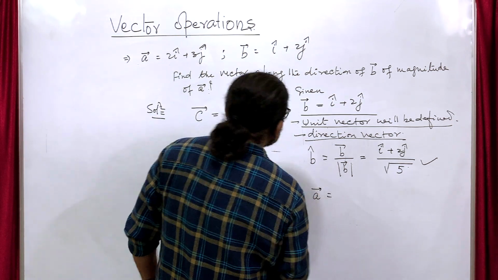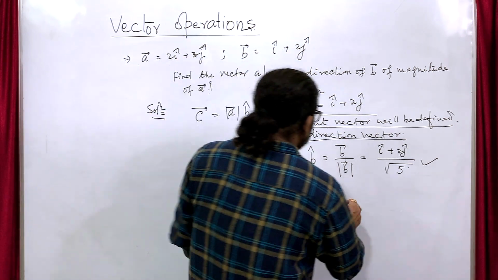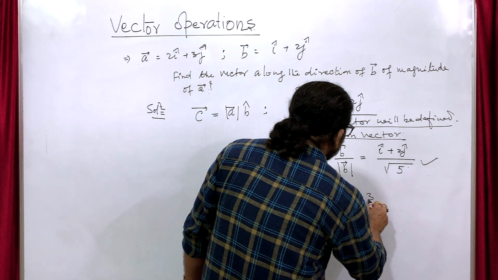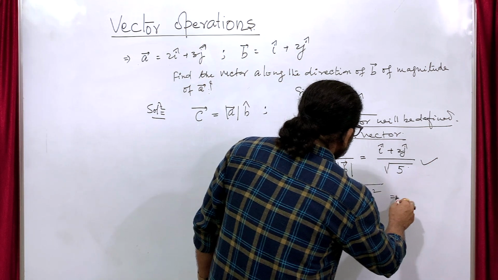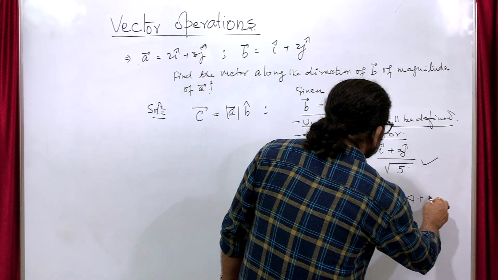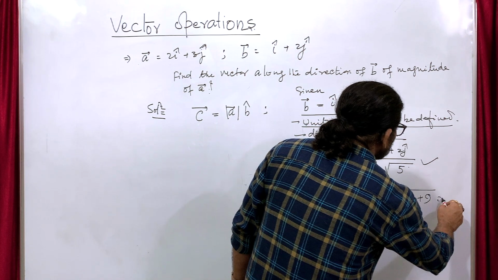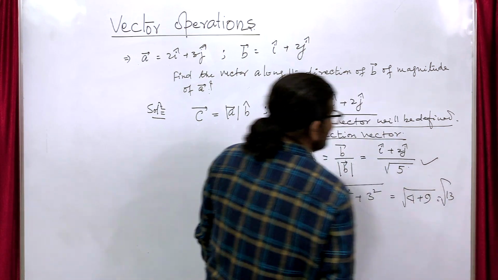So therefore now magnitude of vector A can be written as square root of 2 square plus 3 square, which is 4 plus 9, equal to root 13.